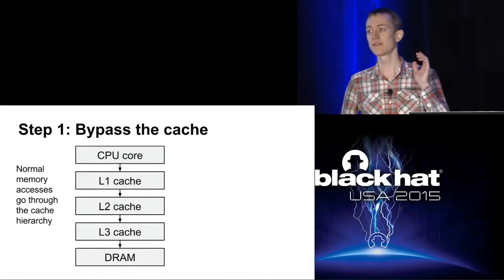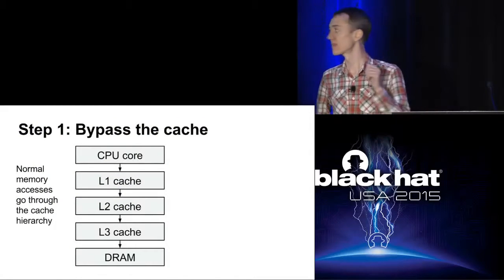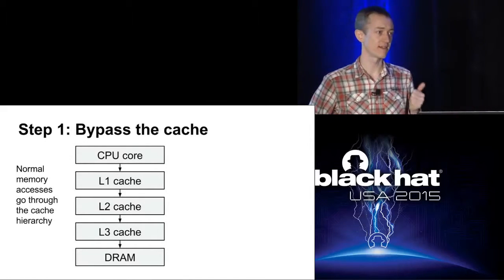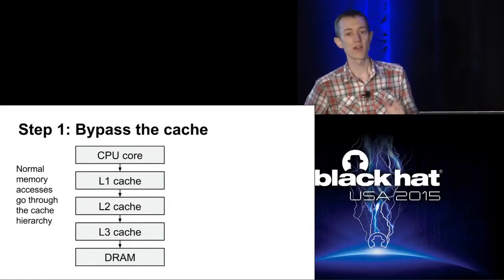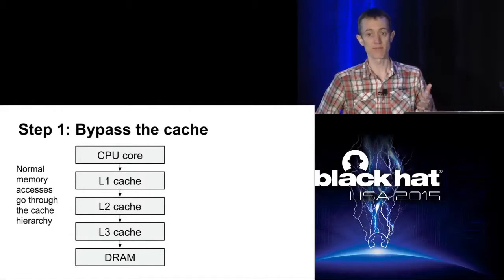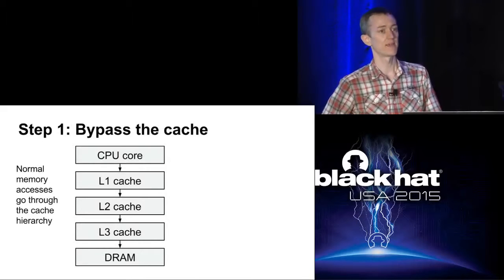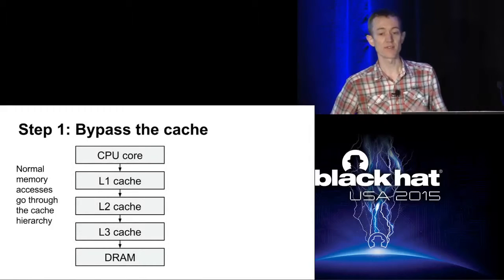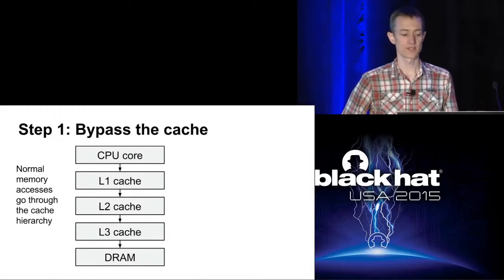And there are basically 2 requirements for that. The first one is that you have to cause accesses to the underlying DRAM. So you can't just do normal memory accesses to the same memory location repeatedly, because those will get served from the cache. So you have to find a way to bypass the cache.